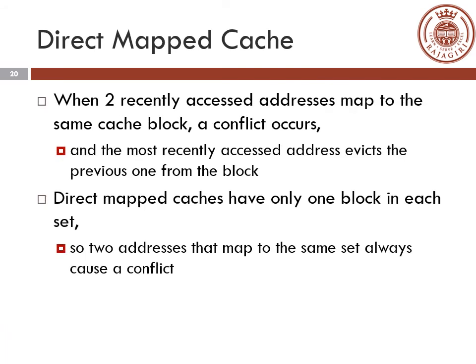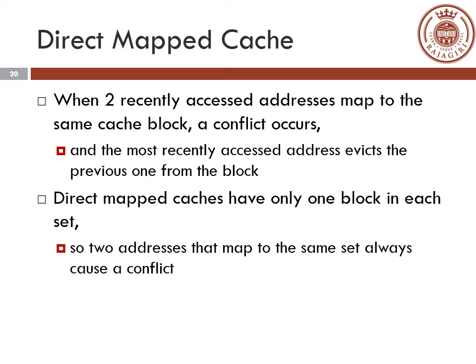Now we have seen the mapping process. When two recently accessed addresses map to the same cache block, a conflict will occur. In the example we have seen, the data from the addresses 4, 24, FE4, etc. maps to set 1. So set 1 can hold the data from address 4 or from 24 or from FE4.